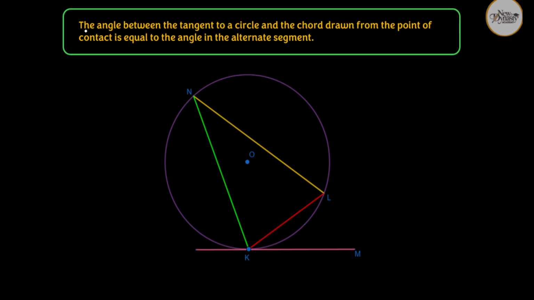The next theorem says the angle between the tangent to a circle and the chord drawn from the point of contact is equal to the angle in the alternate segment. Now, there's a lot of English here, but let's focus on this. The chord is drawn from the point of contact. Let us identify that. The chord drawn from the point of contact of what?